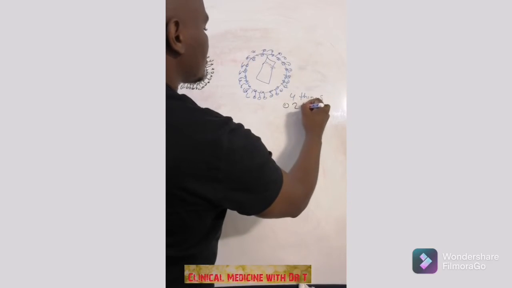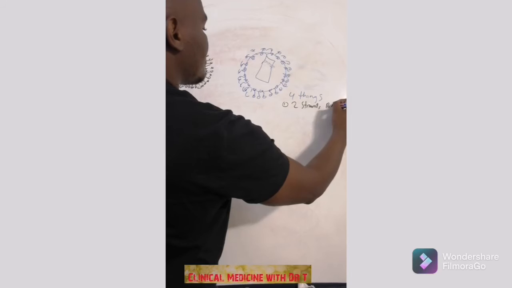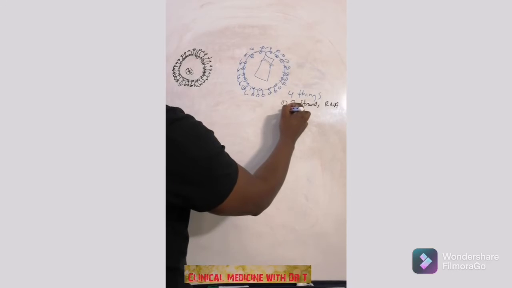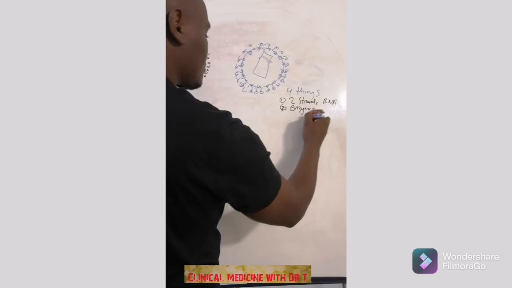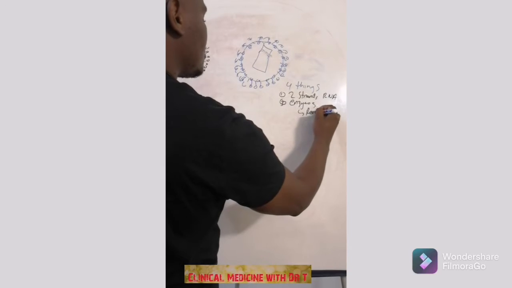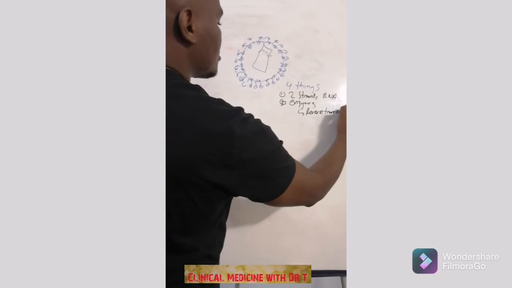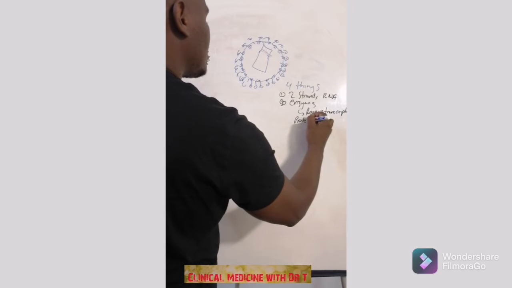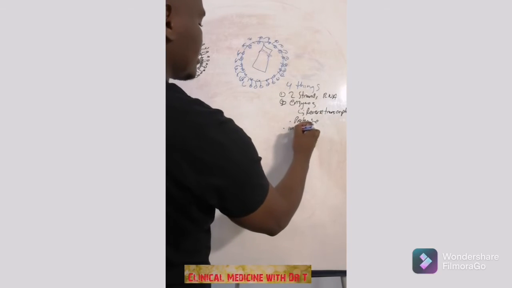It has got 2 strands of the viral RNA. It has got 3 enzymes: the reverse transcriptase, the protease, and integrase.